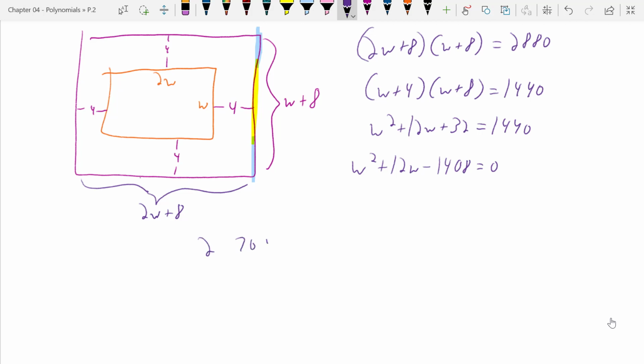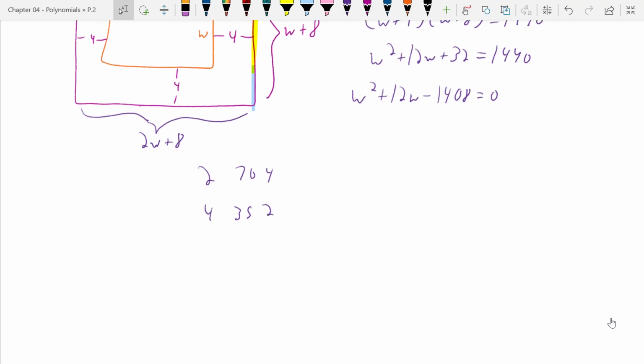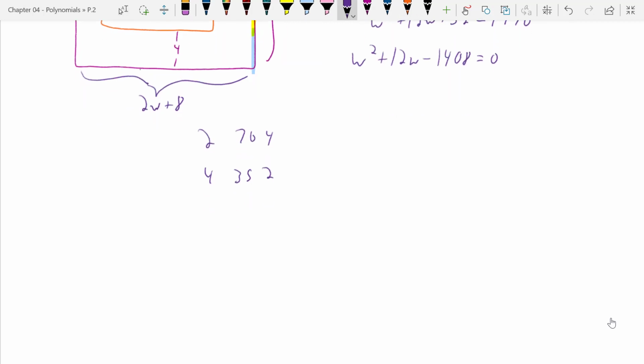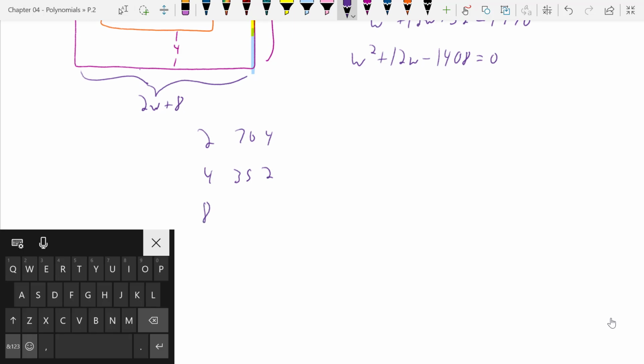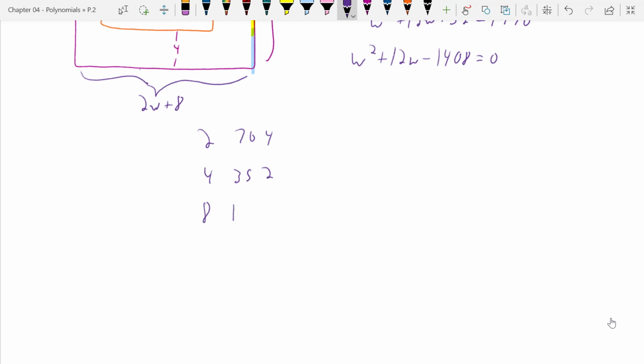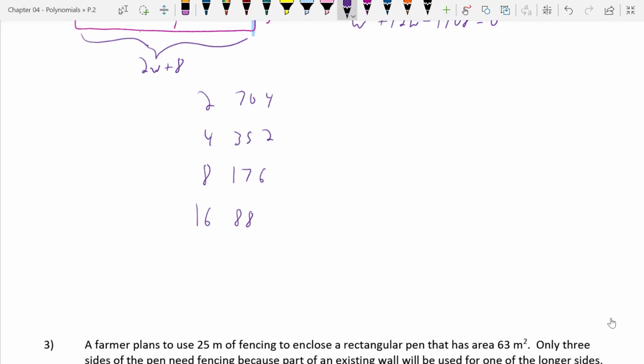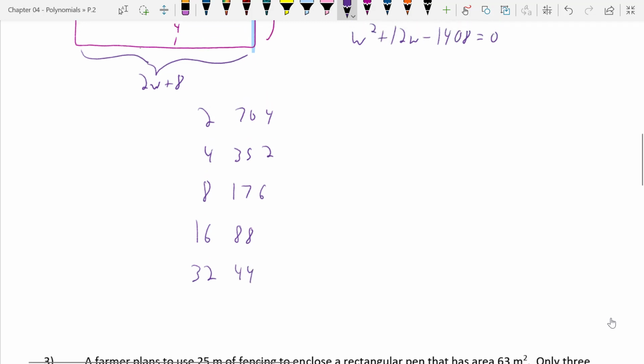So it goes 2, 704, 4, 352. 352 is also divisible by 2. So if I divide that by 2 and multiply the other one by 2, I get 176. That can be divided by 2, so I get 16 and 88. 16 and 88, I can take that by 2, so 32 and 44.